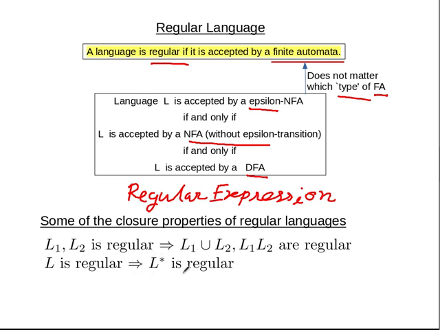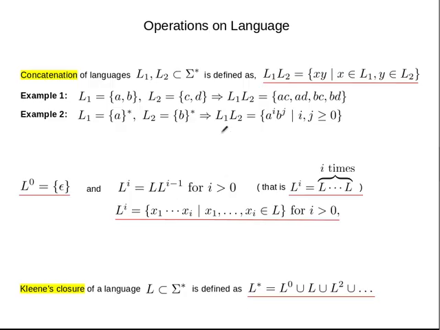On the very first day, I defined the concatenation of languages and the Kleene closure of a language. So what was that definition? The concatenation and Kleene closure don't require you to start with regular languages. You can take any language and take their concatenation and Kleene closure. So what was the concatenation?